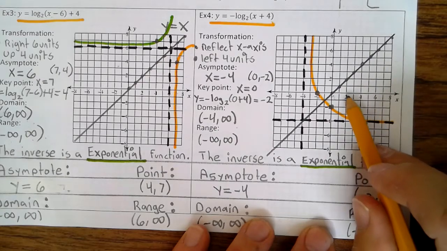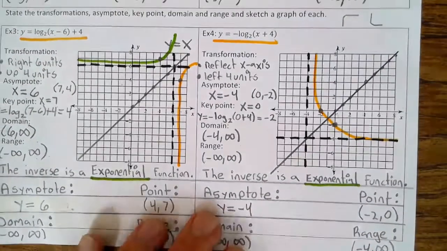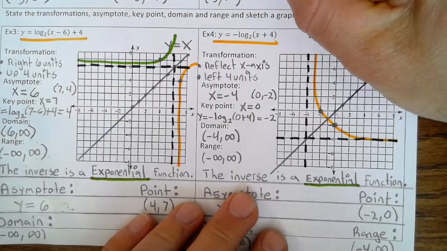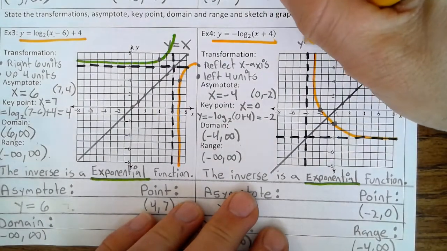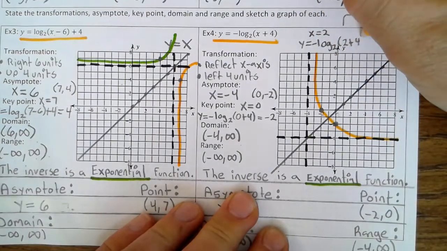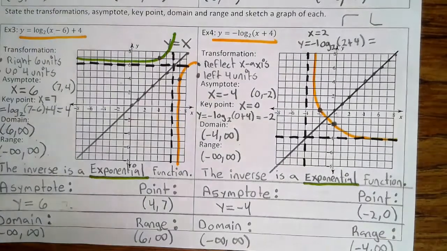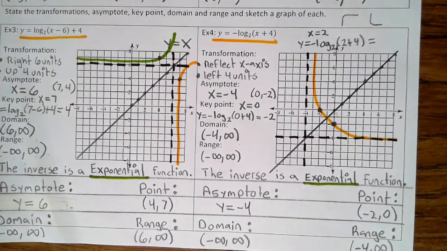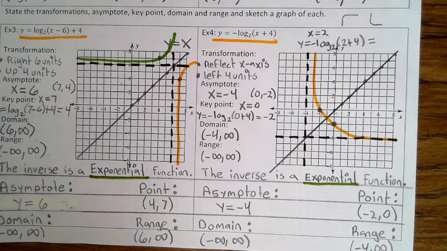So let's just use, like, when x equals 2. So when x equals 2, that's y equals negative log base 2 of 2 plus 4, which equals negative 2.585.